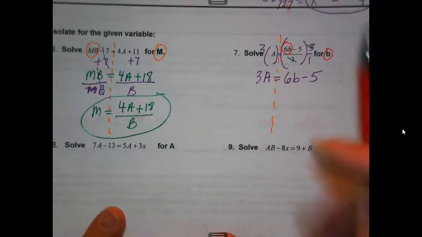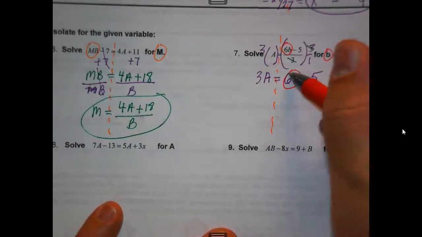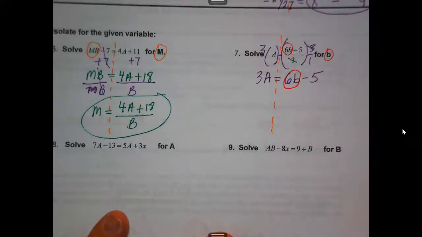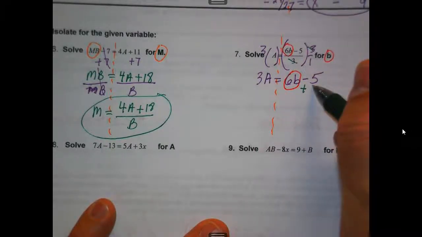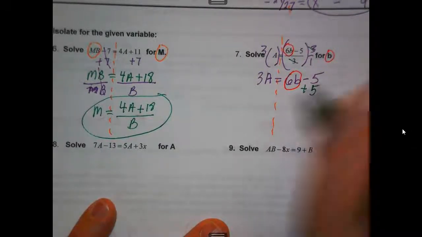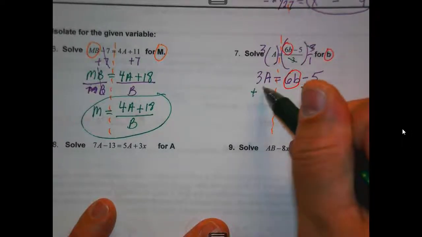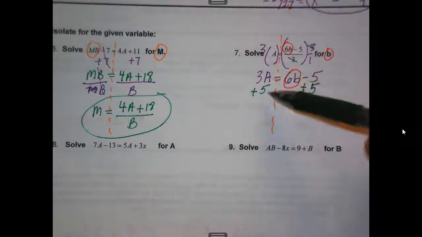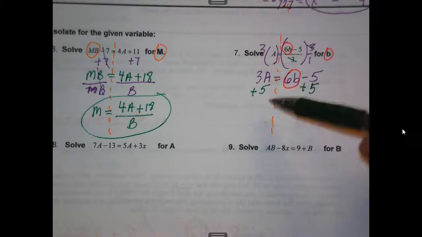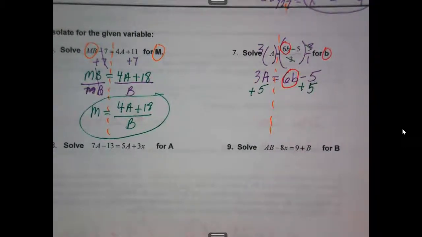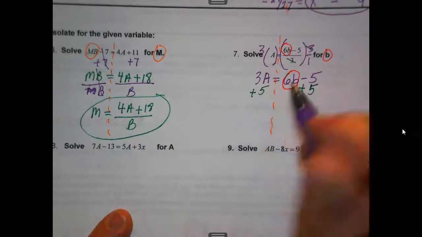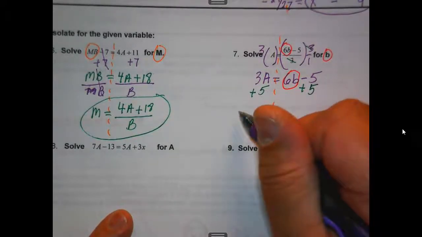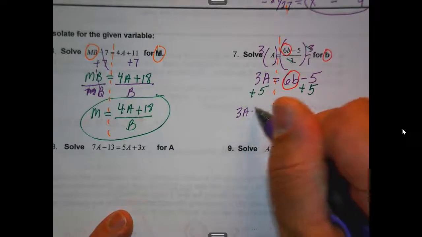I still had to get b by itself, right? So I have to get that term by itself. Add 5 to both sides. Again, I started getting some more interesting stuff over here on the left-hand side. You cannot combine those. It's not 8a, it's not 15a, it's 3a plus 5.